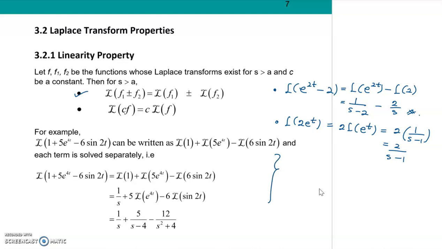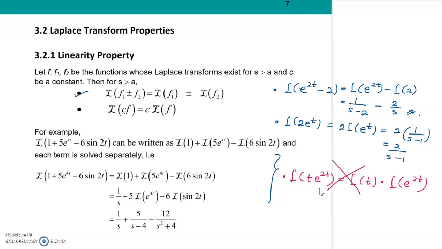But I would like to highlight the common mistake. Sometimes you have something like the Laplace of t exponent 2t, for example. Sometimes students tend to write it is equal to the Laplace of t times Laplace of exponent 2t. This is not true, it cannot be that way.